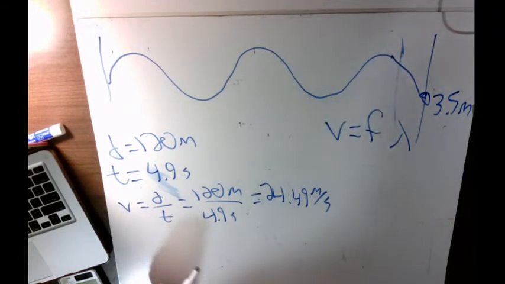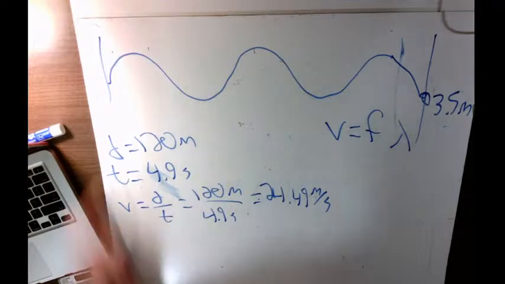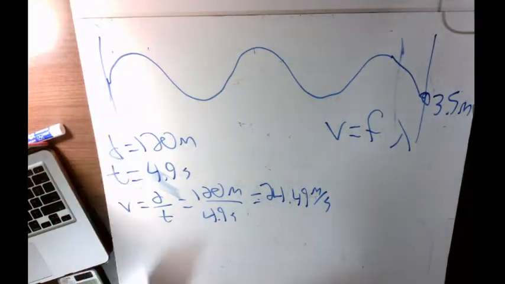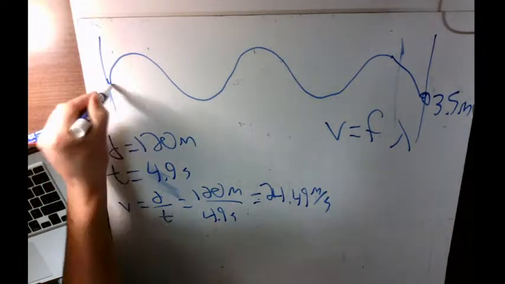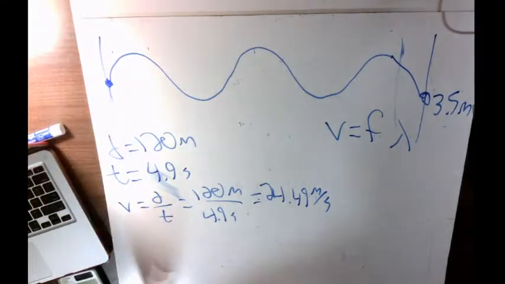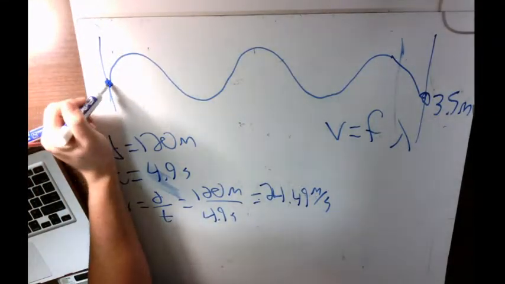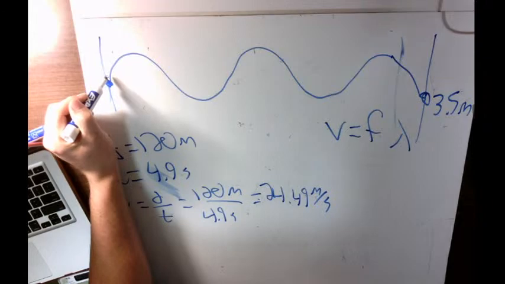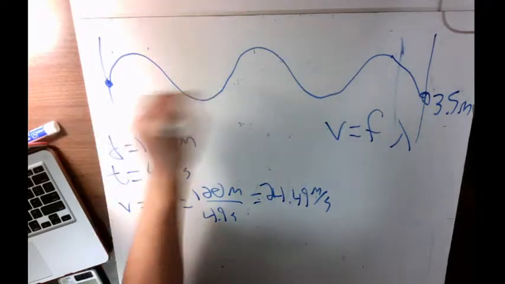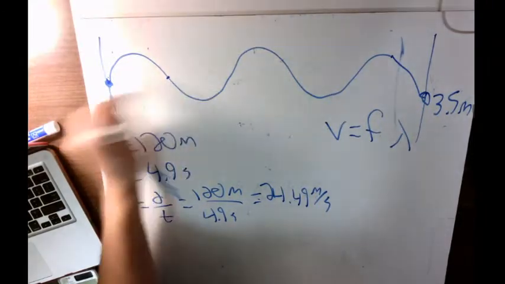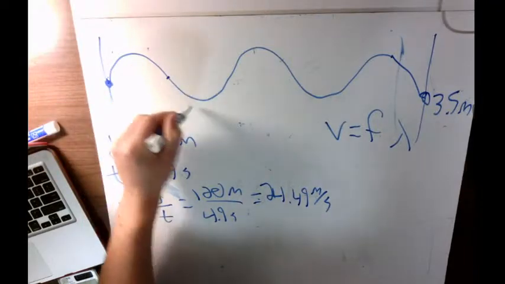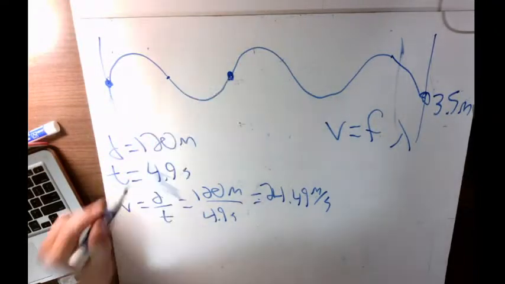They aren't directly telling us the wavelength, but we are able to figure it out with some math. So if we're starting at the equilibrium position, our wave is just about to travel up. This wouldn't be a full wavelength. That would be half a wavelength because we're beginning to travel down. This would be a full wavelength.